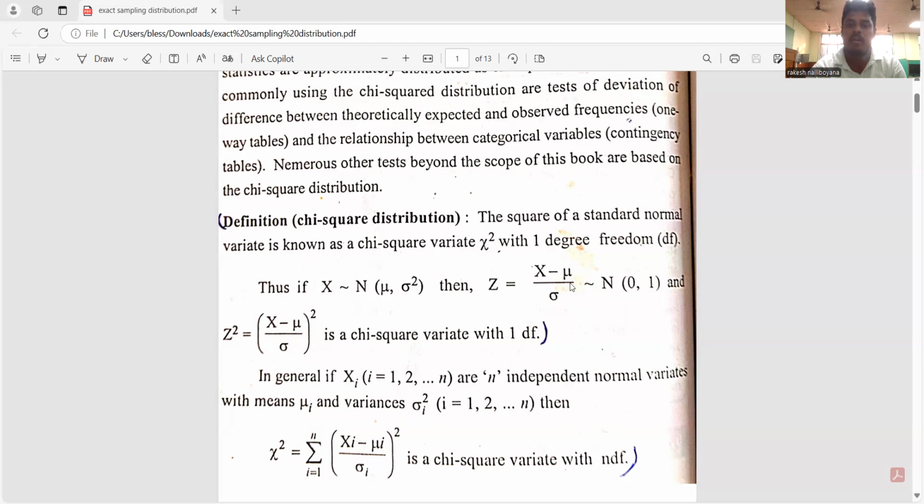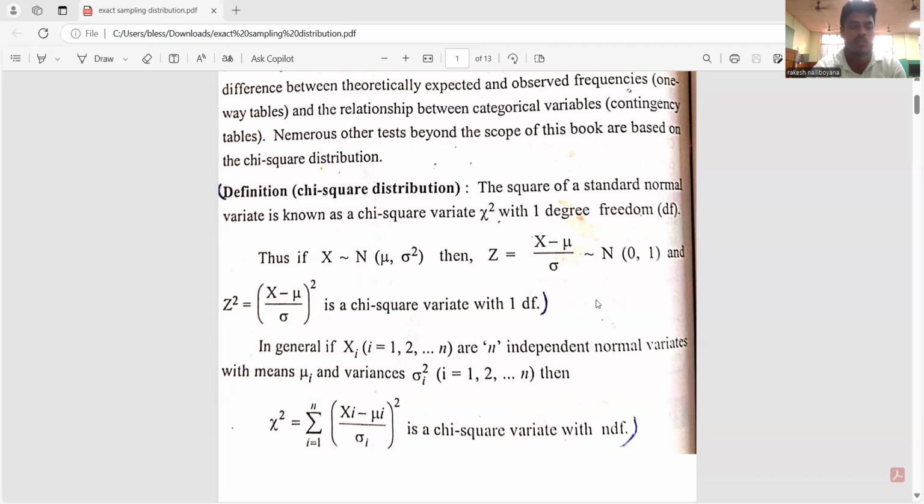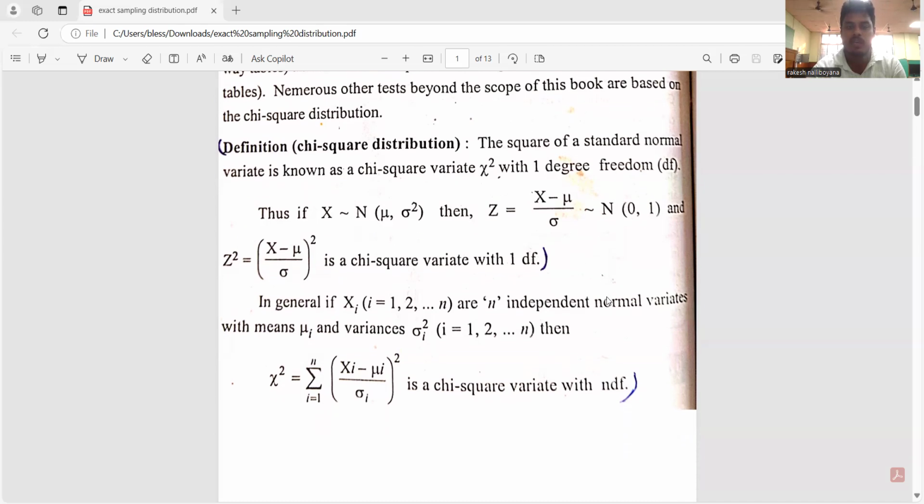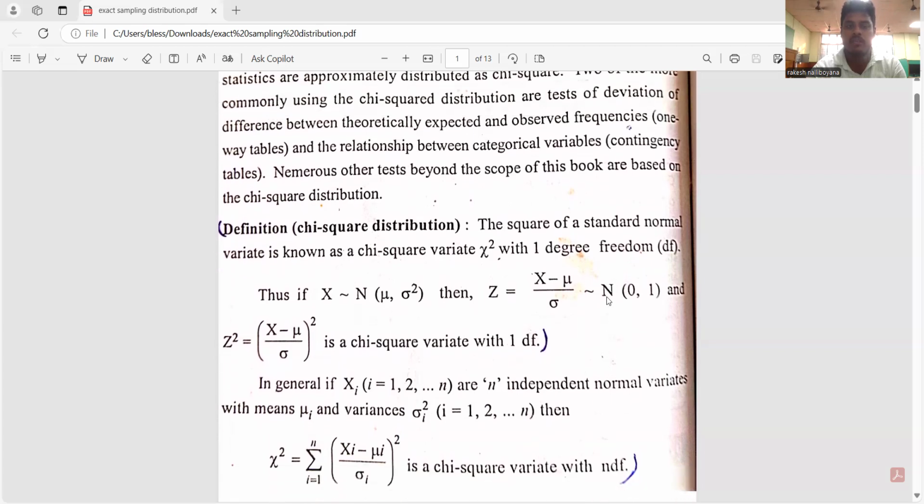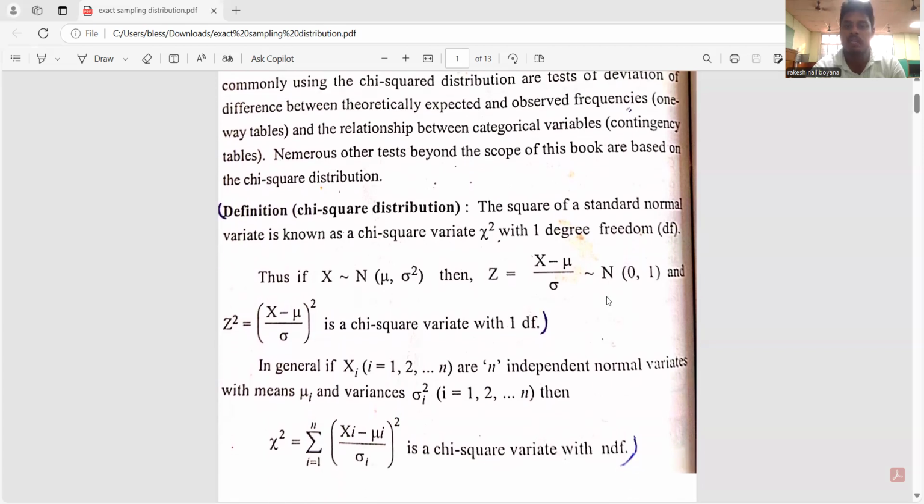Whenever we square that standard normal variate, we automatically get a chi-square distribution, which means z squared equals x minus mu by sigma, whole squared, with 1 degree of freedom.